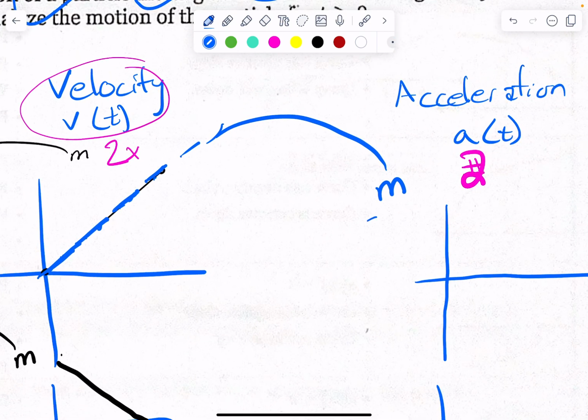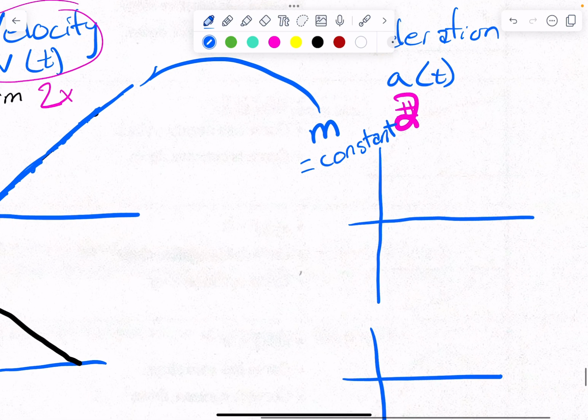My slope, m equals a constant slope, which means I'm having a constant acceleration all the way through, but that acceleration is positive. So it's staying the same all the way across, but it's on the positive end because it's up above, okay? So constant acceleration, same slope, or same level all the way across, so it's going to be a straight horizontal line, okay?